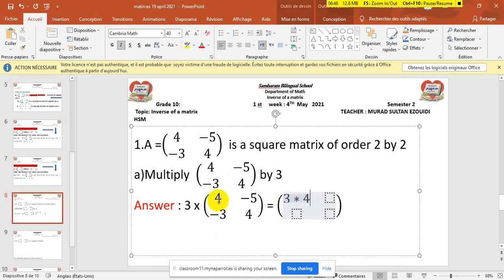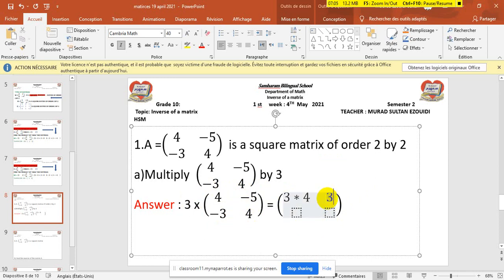Because I multiply the value situated in the first row, first column, which is 4, by 3. Then the first row, second column, it will be 3 multiplied by -5.